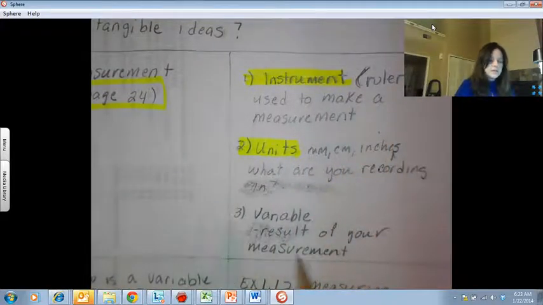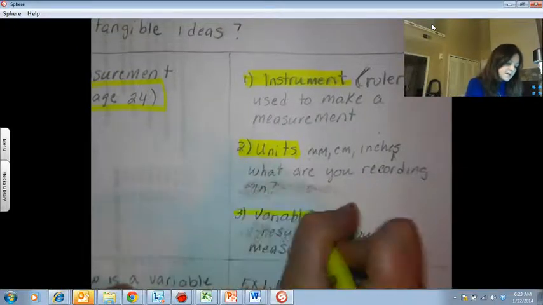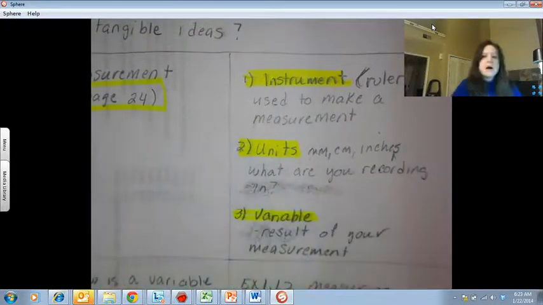Okay, and the third word from that definition was variable, which we did go over in the first part of the chapter, but just to reiterate, variable, the results of your measurement. So if we measured this paper, the variable would be the length of that paper, 8.5 inches. I just happen to know this paper is 8.5 inches.